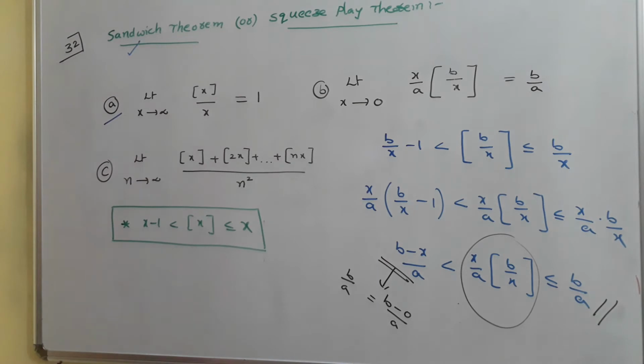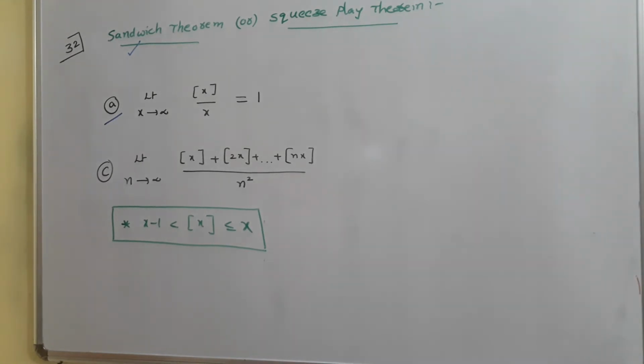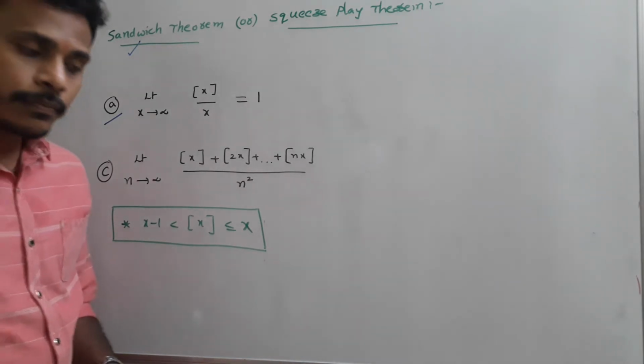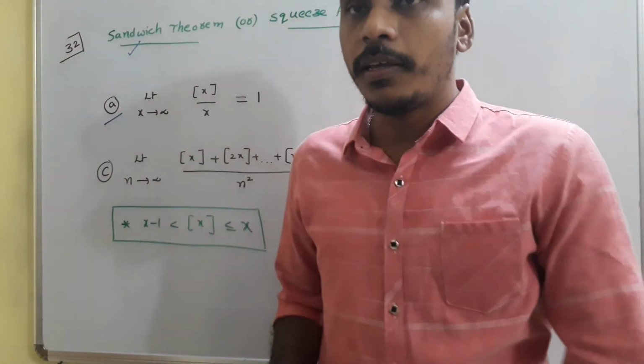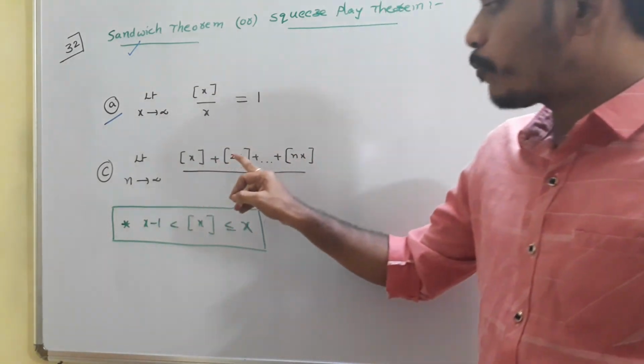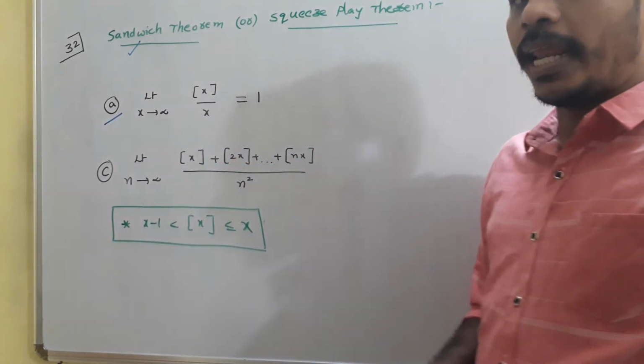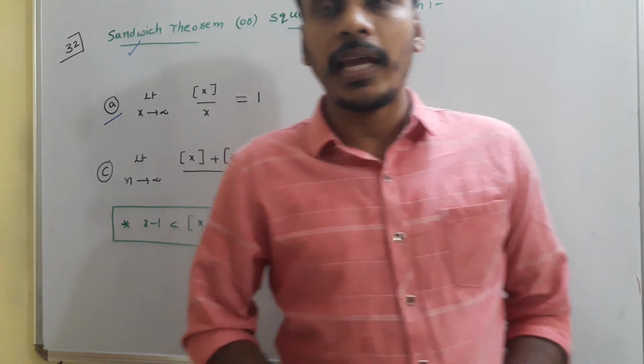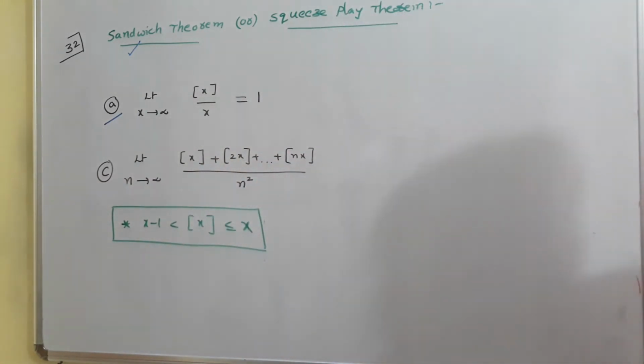Since the third problem also involves step, we need to use the same logic. Have a look. Now the third problem: limit n tends to infinity of step x plus step 2x plus and so on plus step nx, divided by n square. First of all, look at the problem.